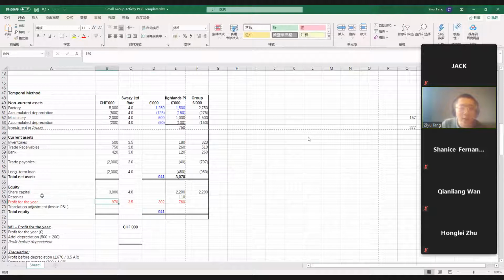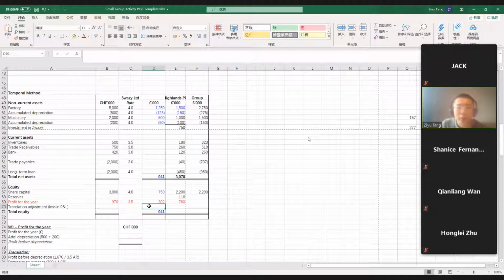And after you translate the equity, the share capital 3,000 divided by 4 is equal to 750, right? And the profit for the year is equal to 302. So you see the sum of these two items, which is total equity, is equal to 1,052. It's not equal to 941, right?